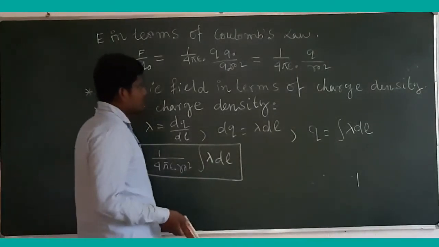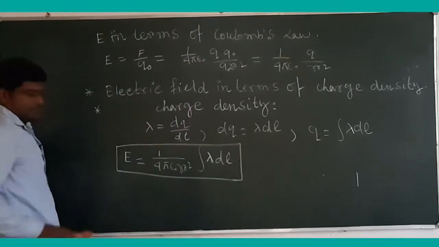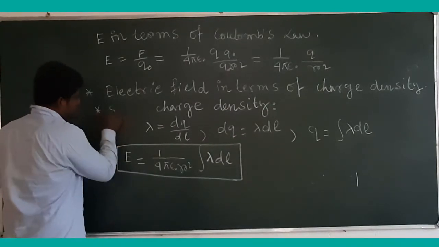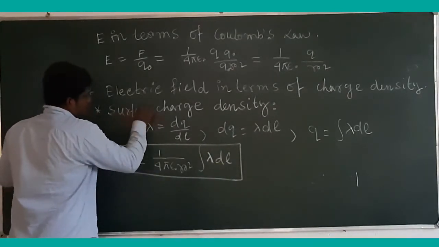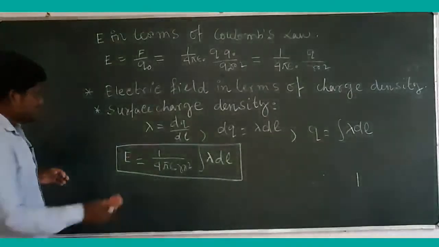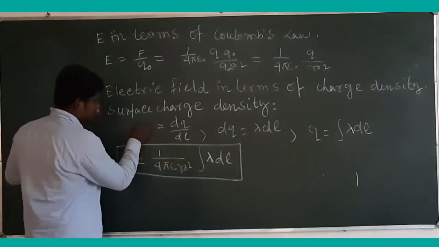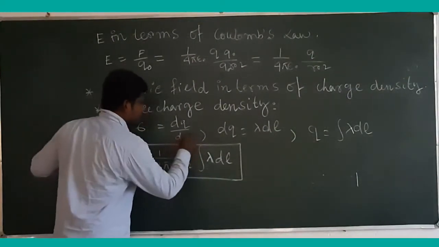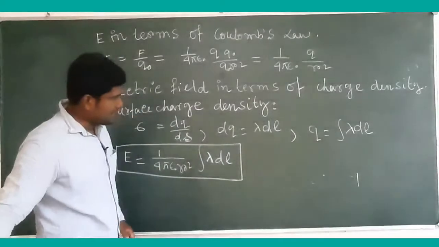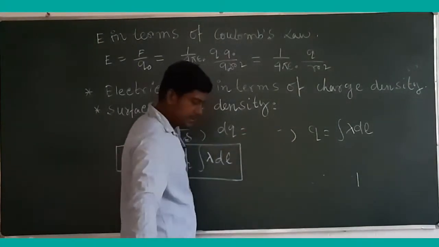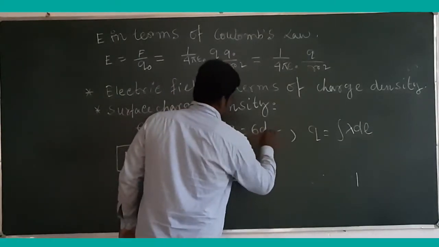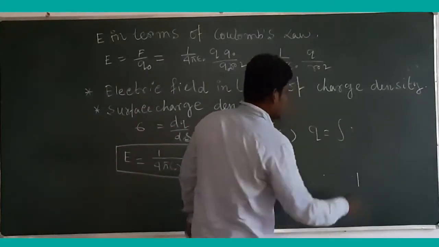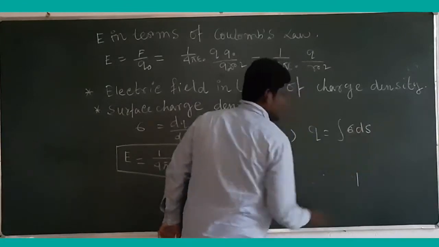So next, if we consider the surface charge density, then we can write this lambda as sigma and this dl as ds, and we can write here sigma ds.